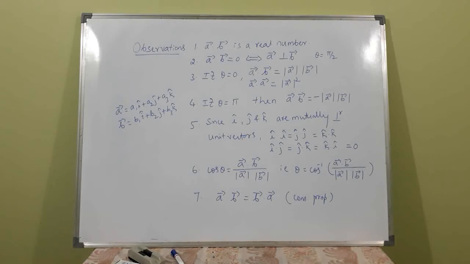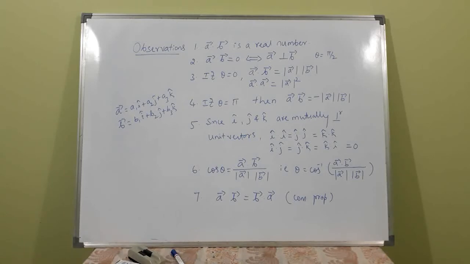Cos theta is 0 when theta is pi by 2. Therefore, A dot B is 0 if and only if A and B are perpendicular. Theta is 90 means those two should be perpendicular.